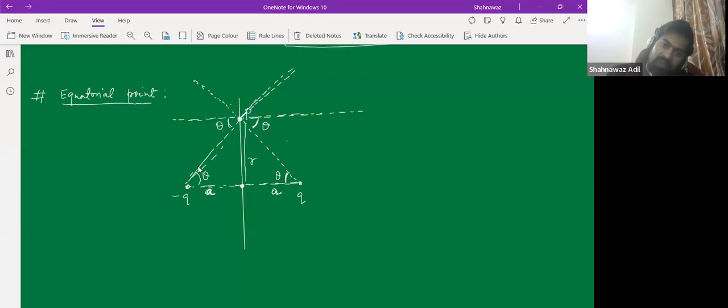So this line is a transversal, and these two are parallel lines.